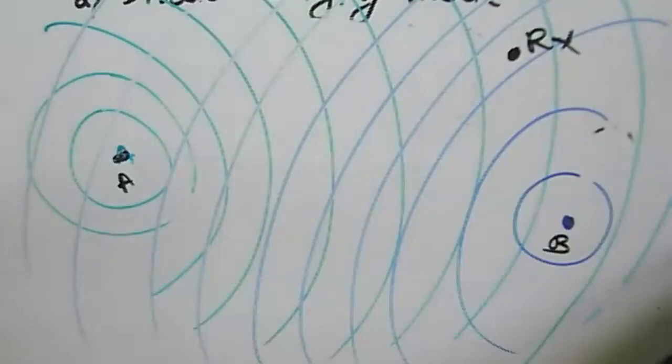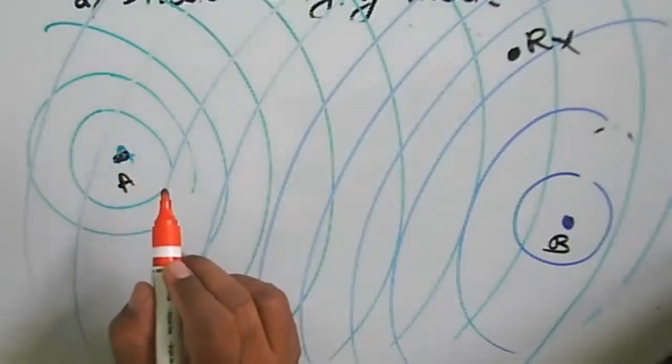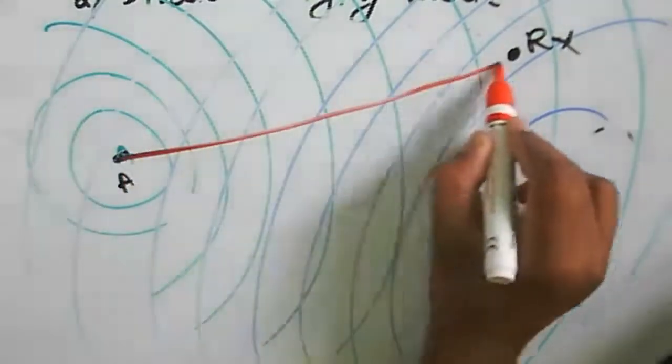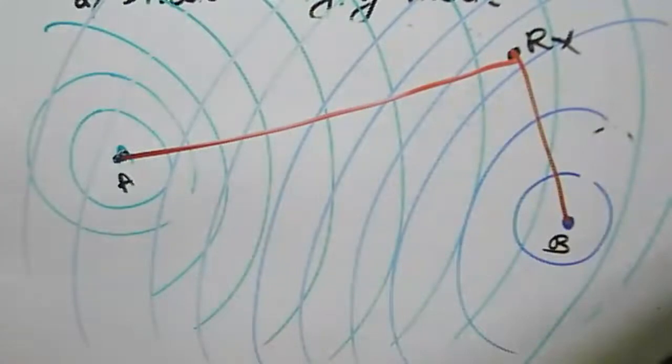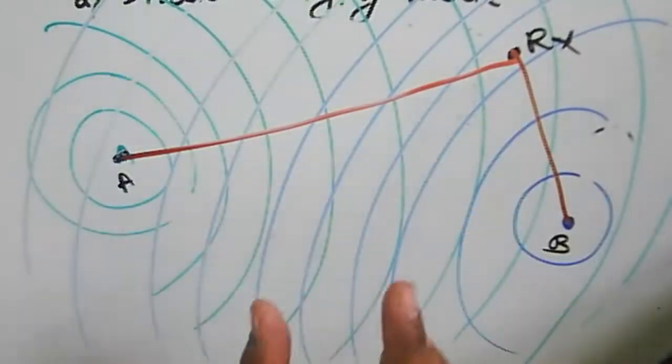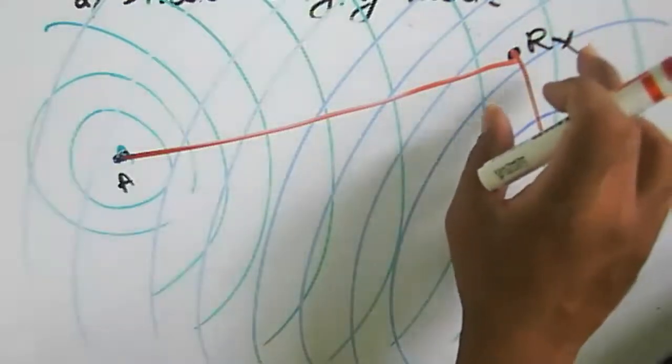So this is a distance, and this is a distance. That is called a direct range, a direct ranging mode, and in that direct ranging mode, they will fix their position.